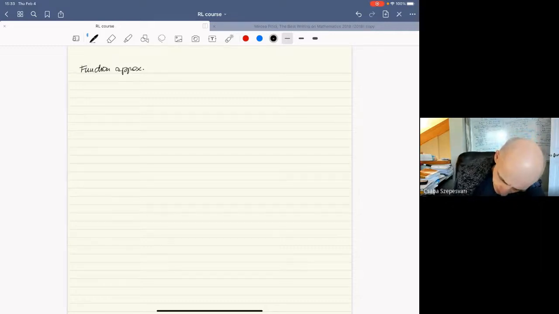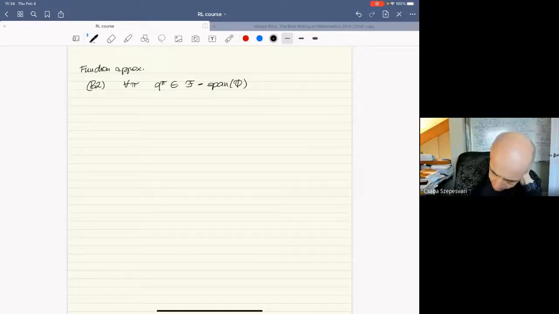One of the possibilities was what we call the B2 assumption, which was something like: for every policy pi in our MDP, we are lucky enough so that the action value function of all the policies lie in this linear space spanned by our features.